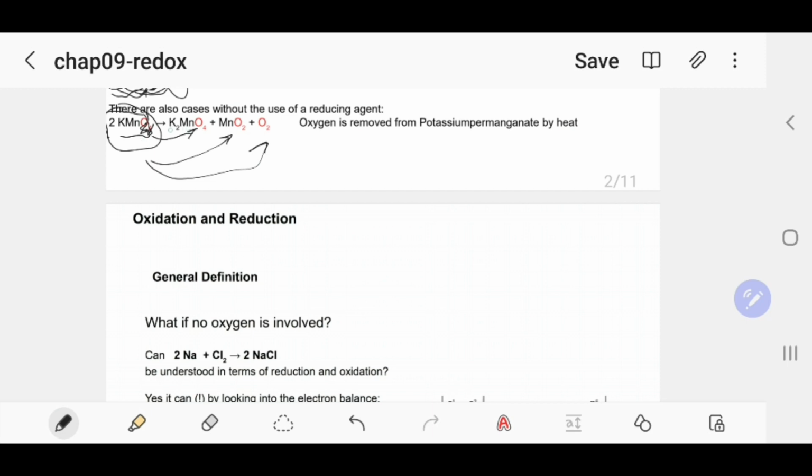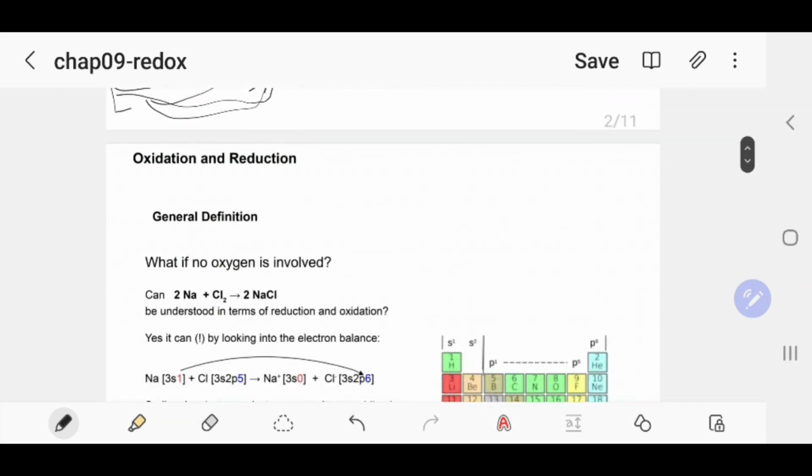And now we have only 1, so here we have 4, and here we have 2, and here we have 2. So the total is still 8, but it's split between 3 different compounds, and therefore each of these compounds is reduced because the total number of oxygen was reduced. And this reaction happens just by heat without any reduction agents.